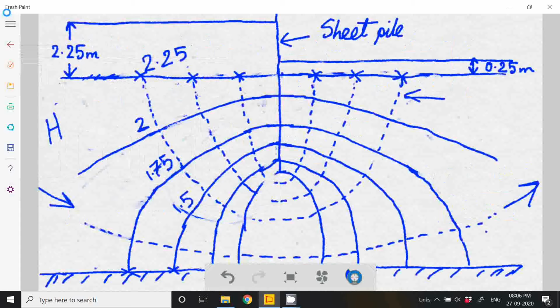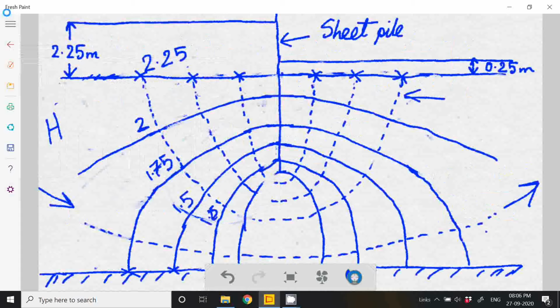Okay, it will not be exactly 1.75, it will be something different, but I'm just giving you an example that the drop will be happening like this. I have not calculated it properly, so I am just giving you an example that there will be drops.